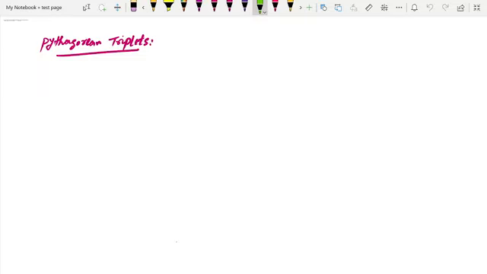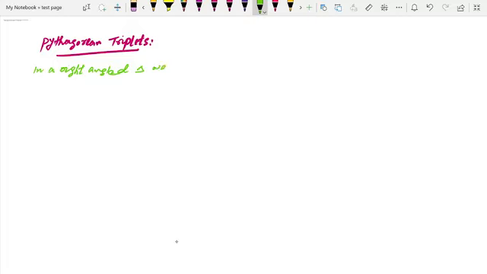Today we are recalling your concepts of Pythagorean triplets. Dear students, you must have studied in your previous classes that if you have a right angled triangle, you can have sides like this.